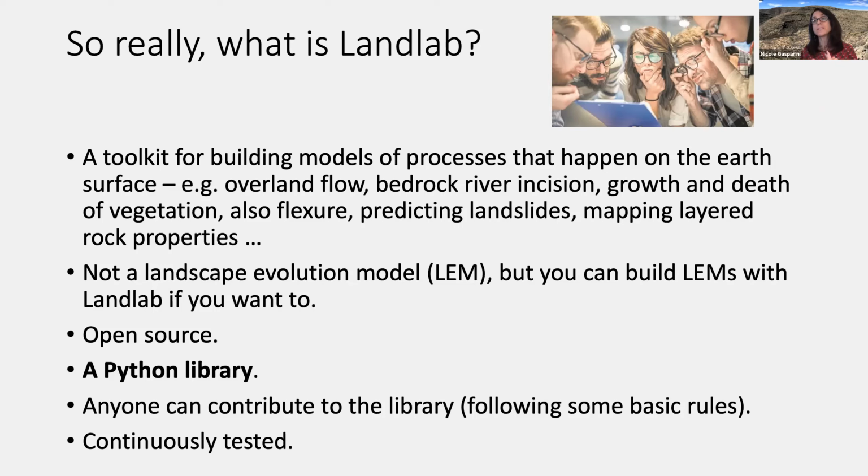Some of those components are things like vegetation, right? And so in that case, you might not necessarily care about a grid of elevation, you might care about how much biomass is in a grid cell and looking at changes in biomass across an area. So that is something happening at the Earth's surface, and that is something that Landlab can do.